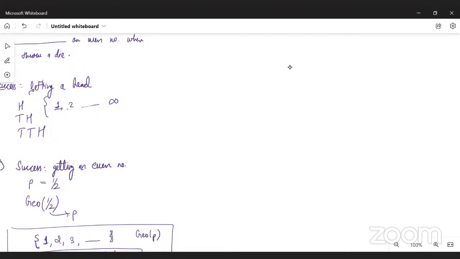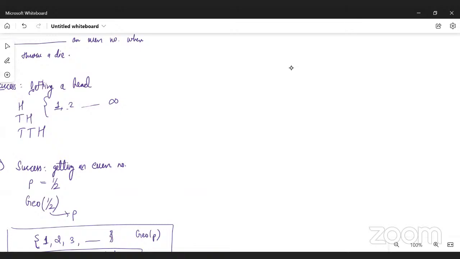That is binomial. In geometric, I conduct trials and stop when I get the first success. Here I am thinking of n as my trials and p as my probability, so it becomes the first success in binomial, right?